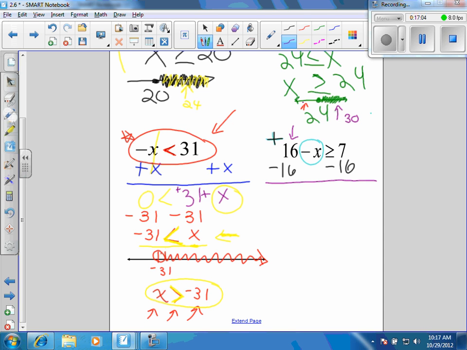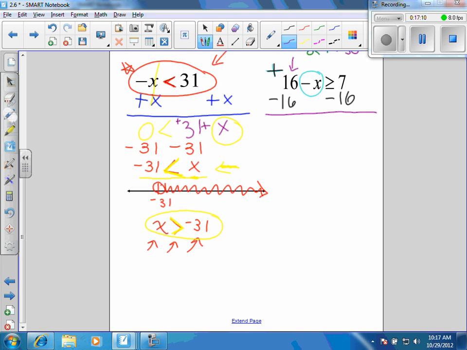No, you don't have to, but let's see what Easton's going to do. So what would you do next, Easton? Then you would have a positive 16 and a negative 16. Those cancel, and you just have negative x now.